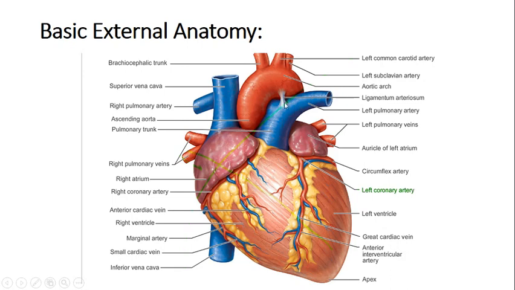Notable on here, and something we probably won't cover much in class, the ligamentum arteriosum. This is what's left of the ductus arteriosus from fetal circulation. After we're born, it kind of dries up and becomes this ligament that attaches the two great vessels here.